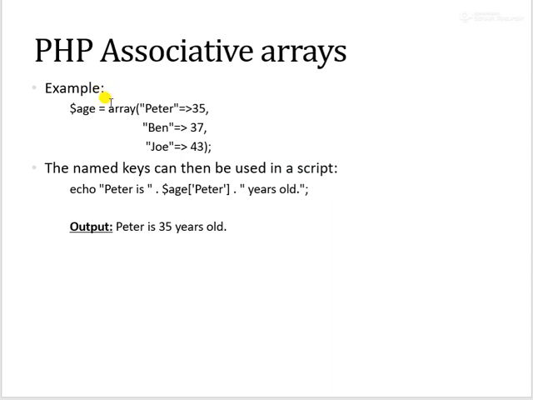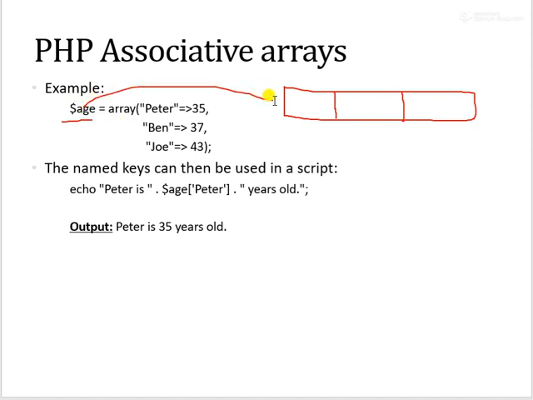In this example, the array name is age, and it has key value pairs. This age array consists of 3 indexes. The first key is Peter, so the key is the index, and the value is 35.